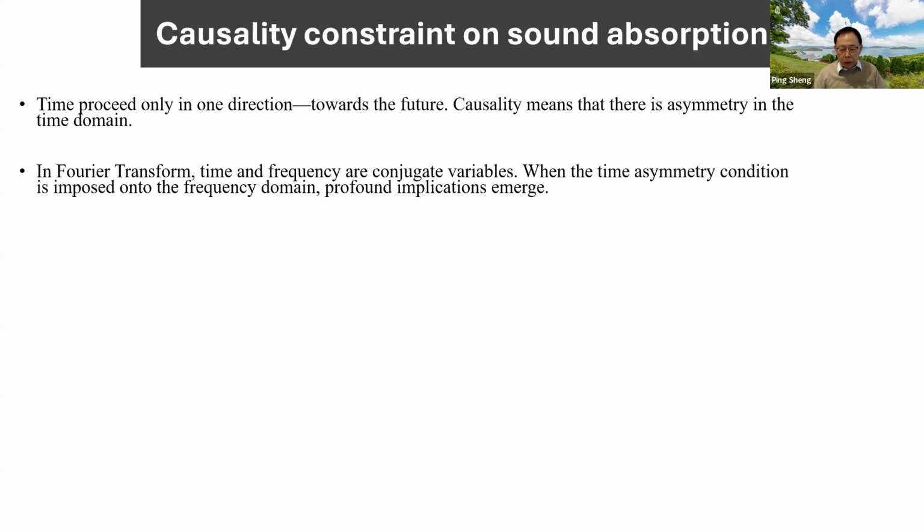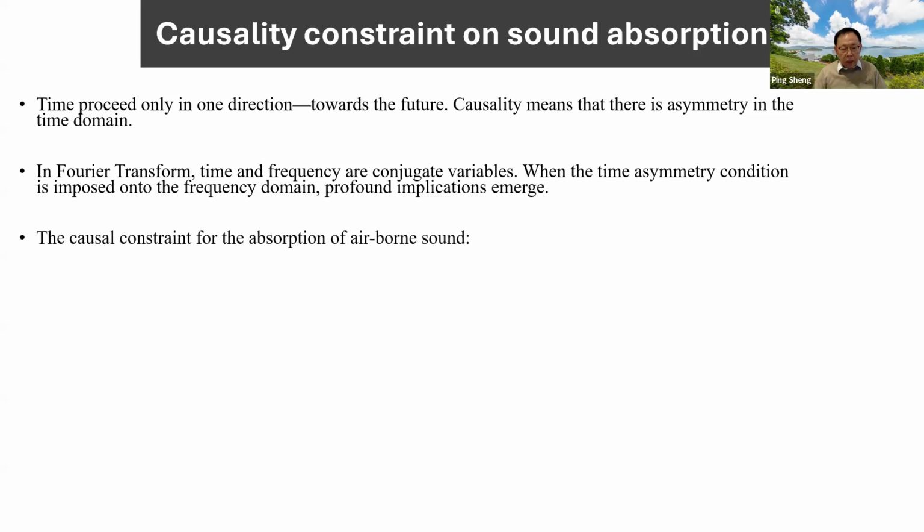There are two relations between the real and the imaginary parts. And that's reasonable because the imaginary part deals with dissipation, and dissipation is an irreversible process. And so it must have to do with causality. So these are related.